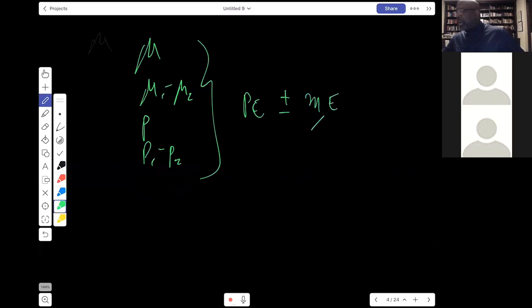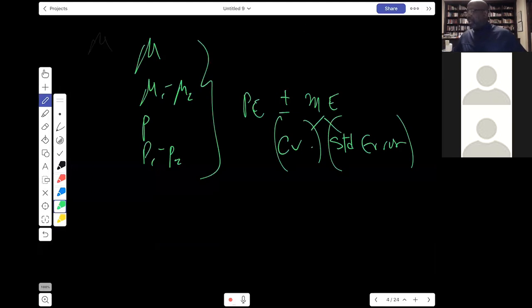But you may recall that margin of error has two parts to it, a critical value times a standard error. All right? So basically point estimate plus or minus critical value times the standard error. And the critical value times the standard error is what gives us the margin of error.